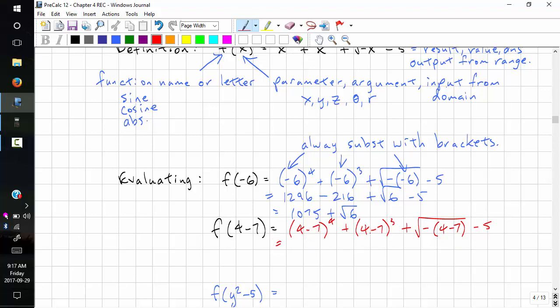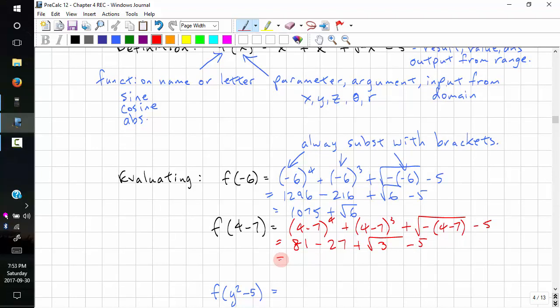Again, we expand the powers. We get 81 minus 27 plus square root 3. This is negative 3. Take the negative of that, it becomes positive. And this simplifies by collecting like terms. We get 49 plus root 3.